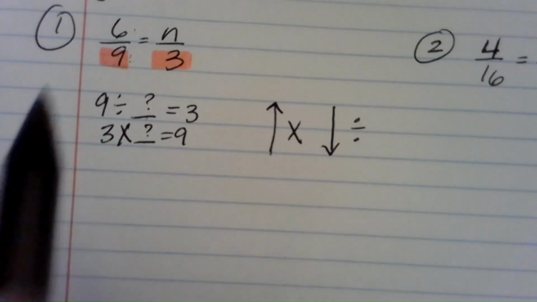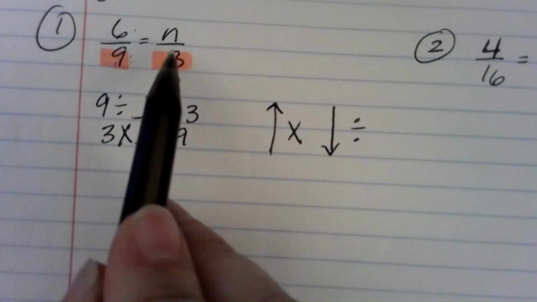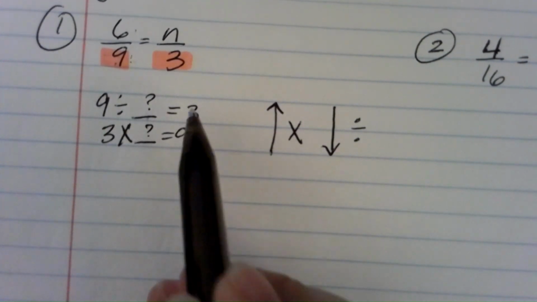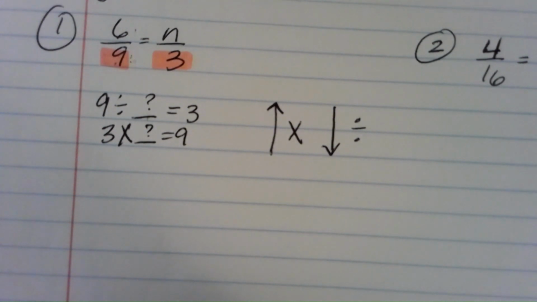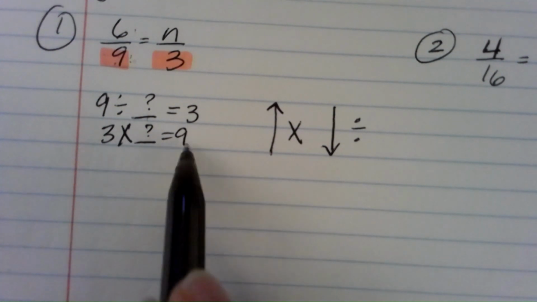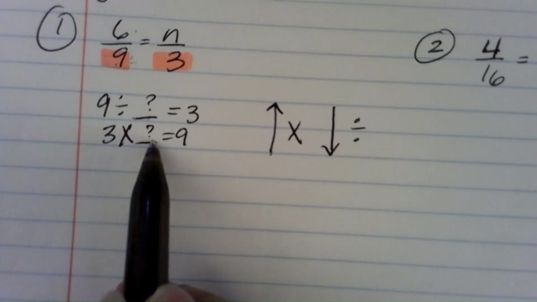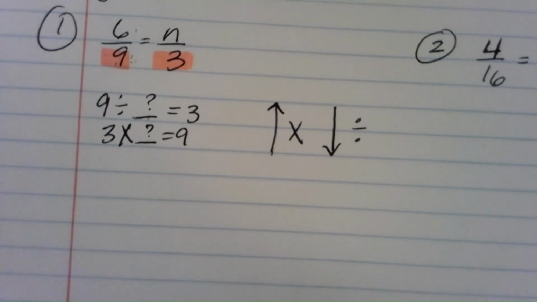So, because the 9 becomes a 3, we know that 9 has been divided by something, and then the answer is 3. However, one other thing we discussed is that if that's confusing, we can also think of it as 3 times what is equal to 9. So if that helps you, great. If not, never think of it again.